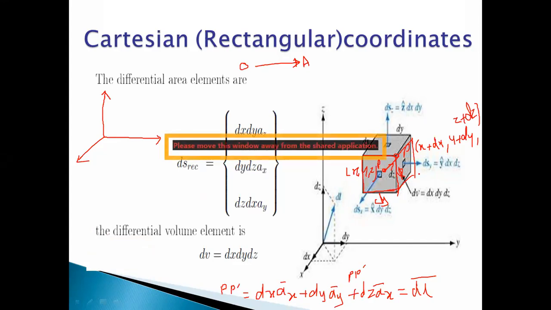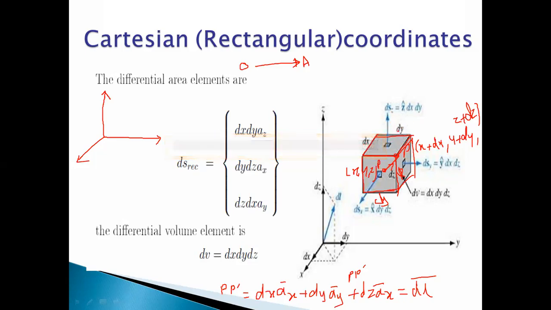Means your differential area here is dx dz. Similarly, this plane is showing the z is equal to constant plane. Z is equal to constant means x and y are present.